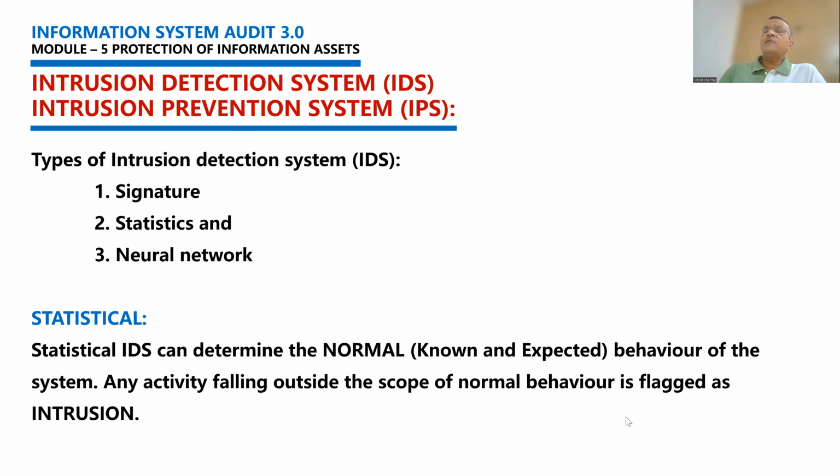We've defined what type of traffic we are going to expect, but anything else which is coming, for example, if you are getting repeated requests from a particular IP address, that is Internet Protocol address, and it is not clear what type of system is trying to access your network, this means it's just unknown. So this statistical intrusion detection system will understand that this is not the normal behavior and would accordingly consider it to be an intrusion.